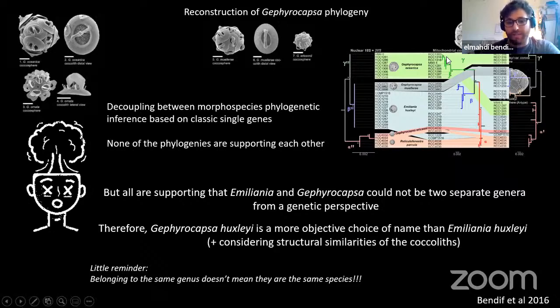And if we are considering structural similarities of the coccoliths between those two genera, Gephyrocapsa should perhaps be a more objective choice of name instead of Emiliania huxleyi. So I might remind you of something that I have mentioned quite a lot since I've been coming to the INA meeting. Belonging to the same genus doesn't mean that those species are the same. They are still different species.